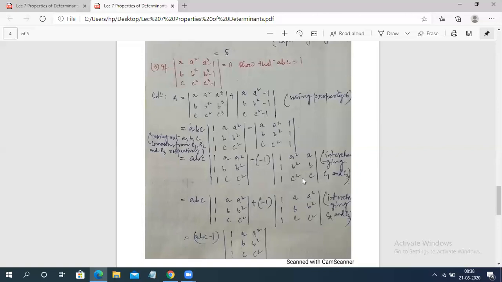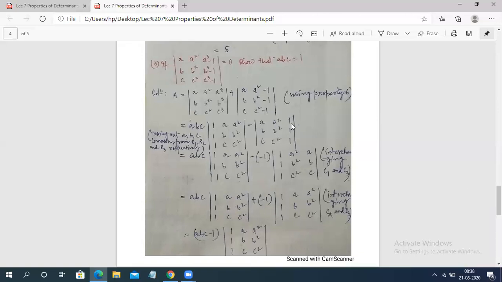For interchanging C2 and C3, there is again a negative sign. So it will be negative of 1, a, a square; 1, b, b square; 1, c, c square. Now this determinant and this determinant are the same, so we take it common, and the remaining term is abc minus 1.